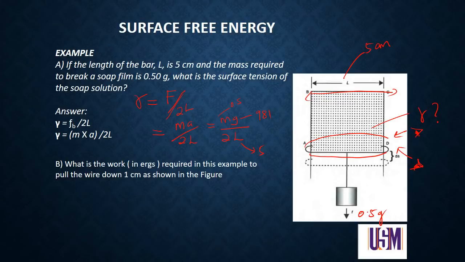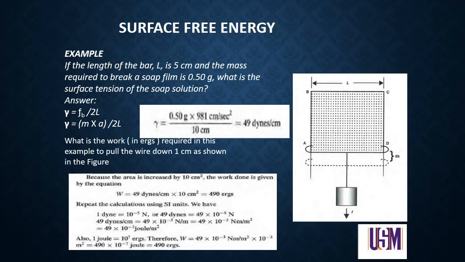What is the work required in this example to pull the wire down 1 cm as shown in the figure? Then you will need to convert into energy. So here is the answer for surface tension, which is equal to 49 dyne per cm.